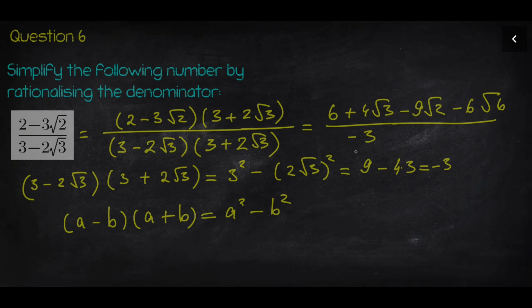All right, so if it's your round test, or basically if you're given an assignment, you need to divide everything by -3 if you're asked to state the final expression, so that it has the form a plus b square root of 3 plus c square root of 2 and maybe plus d square root of 6.